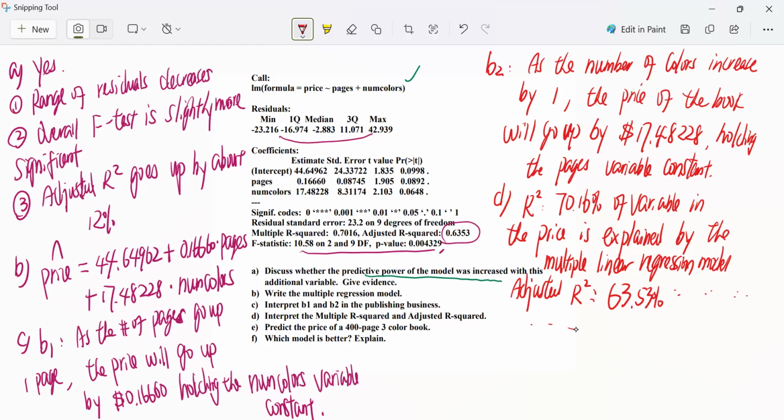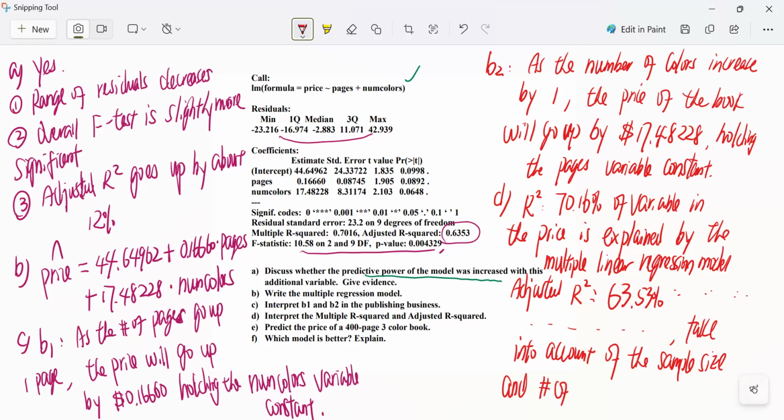It's the same language, and just add an additional piece, which is to take into account the sample size and number of predictor variables used. And so that's part D.